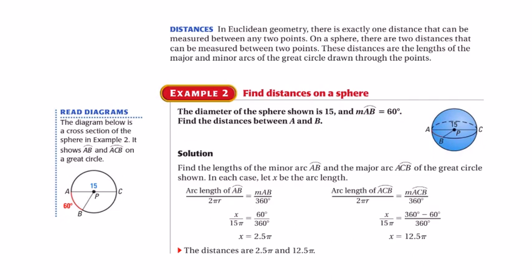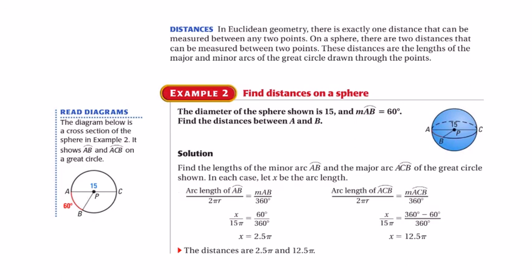So way back when we had this proportion of arc length, any arc length over the entire circumference is equal to the measure of the angle, the interior angle, which is also the same as the measure of that minor arc, over 360 degrees. So piece over a whole equals piece over a whole. That is a proportion.